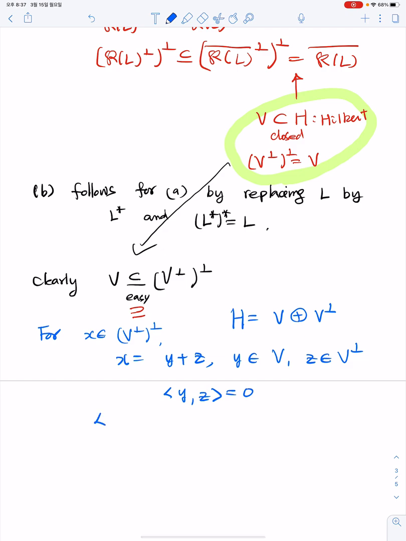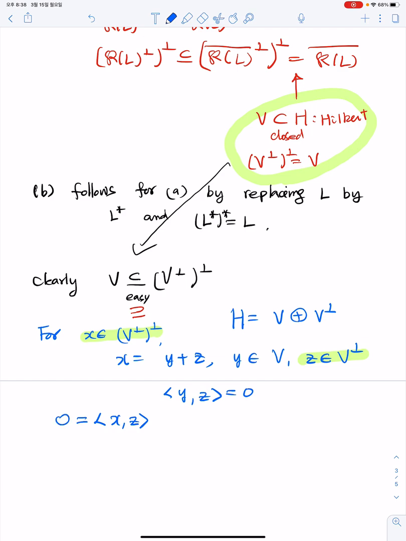So then I compute the inner product of X and Z. X is in V orthogonal, and Z is in V orthogonal, so it should be 0 by definition.